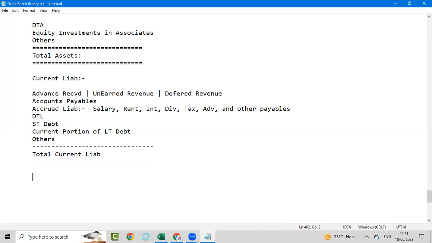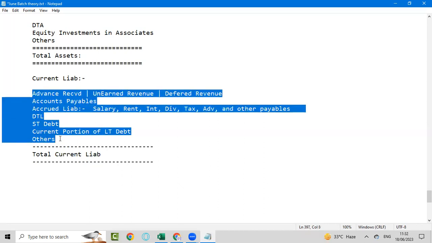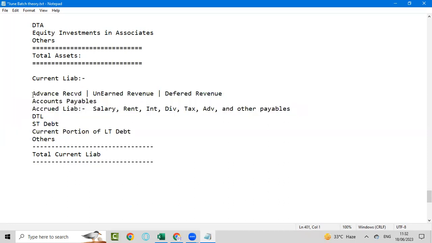Now, then we have long-term liabilities. Under long-term liabilities, you can see all of these items. These are coming under current liability because you have to pay them within 1 year. If the same items you have to pay after 1 year, then they will be reported under long-term liability. So you can show all of them here also based on the payment conditions, right?